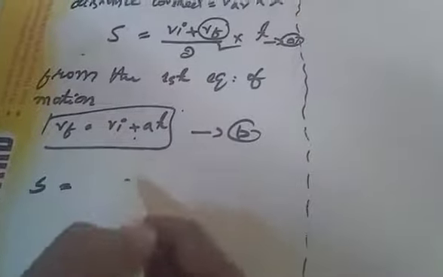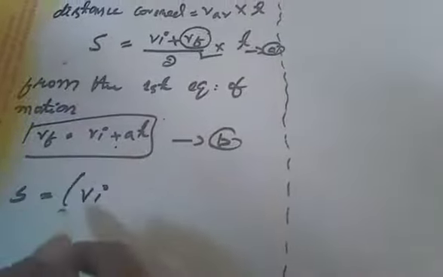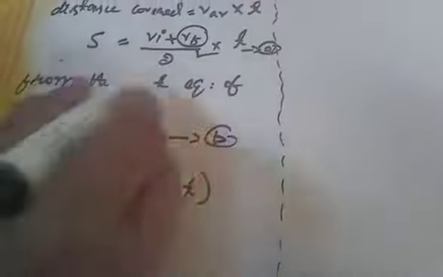We have to put this value in the previous equation. Let's call the earlier equation A and this one B. Putting the value of Vf from equation B into equation A, we get S = (Vi + Vi + at)/2 times t.